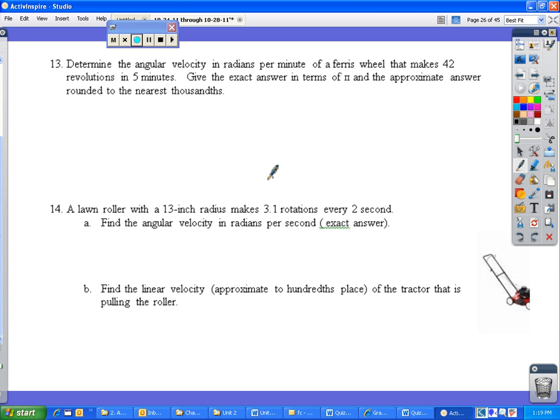Moving on to angular velocity. We want the angular velocity, which is the formula little omega equals theta over time. So in this case, remember that when I'm given revolutions, I have to convert it to radians. So 42 revolutions times 2 pi will give me 84 pi for my radians that I plug in for theta.